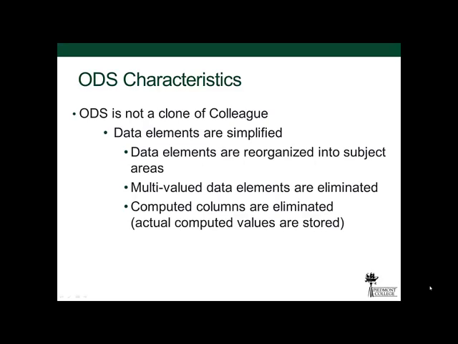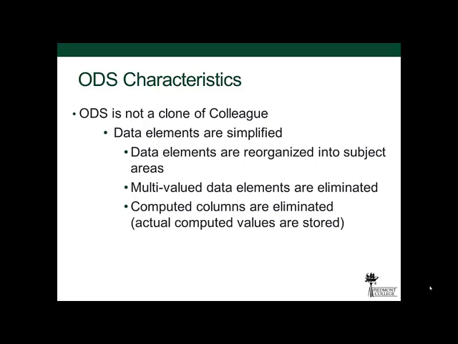Here are some key characteristics of the ODS which are important for you to be aware of. First of all, the ODS is not a clone of Colleague. The data fields are extracted from Colleague, but they're simplified. The data fields are reorganized into subject areas, and multi-valued fields from Colleague are transformed into single-valued fields in the ODS, which are much easier to work with when we write reports.